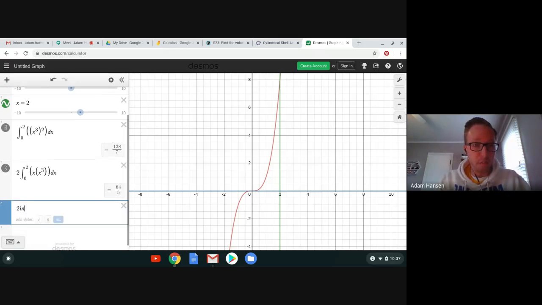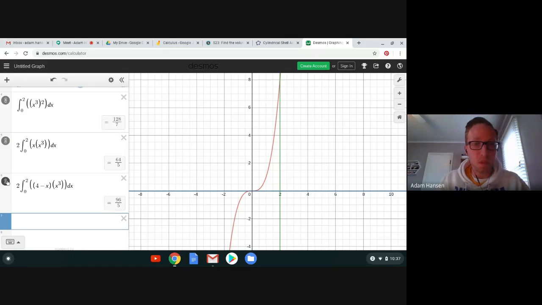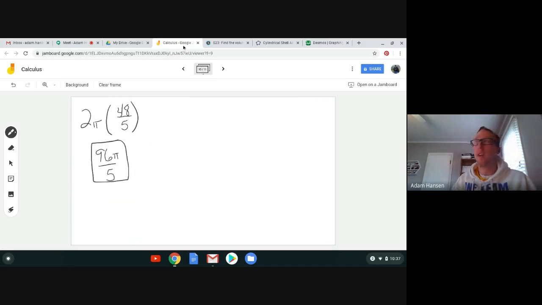So we had 2 pi times the definite integral from 0 to 2 of 4 minus x times x to the third dx. 96 pi over 5. Any questions there?